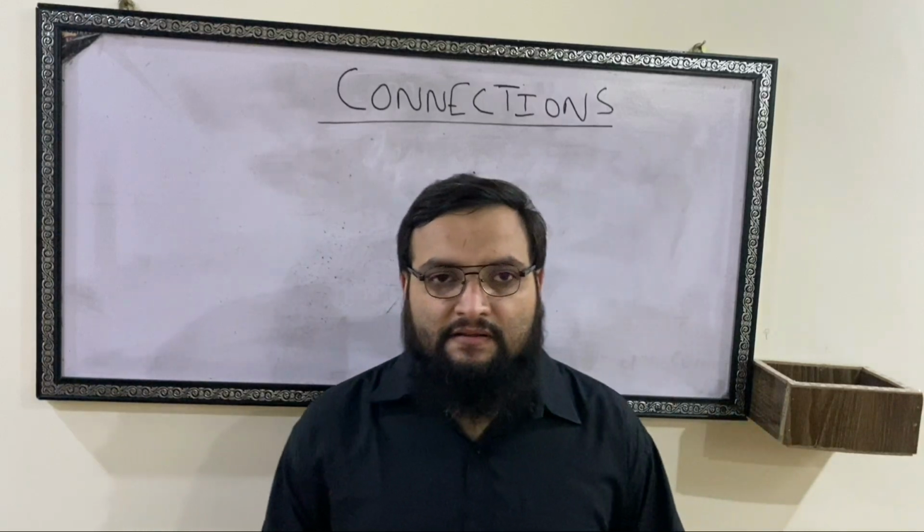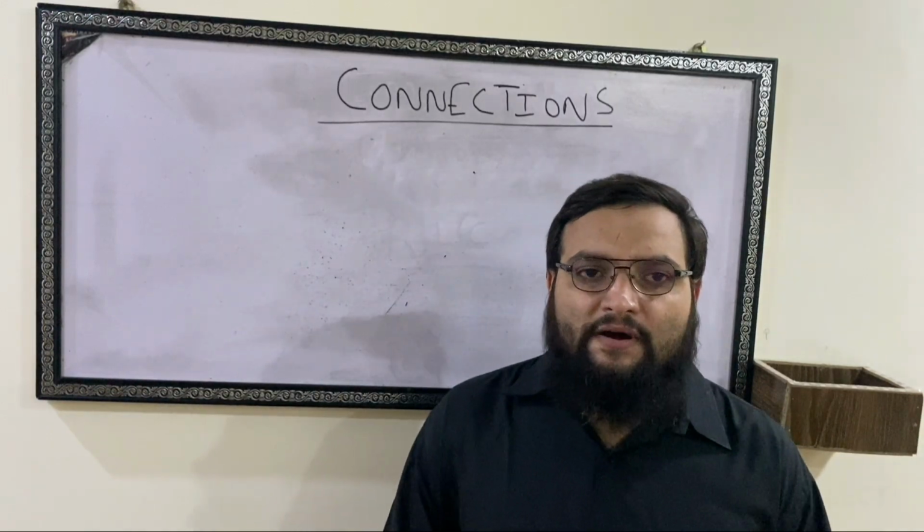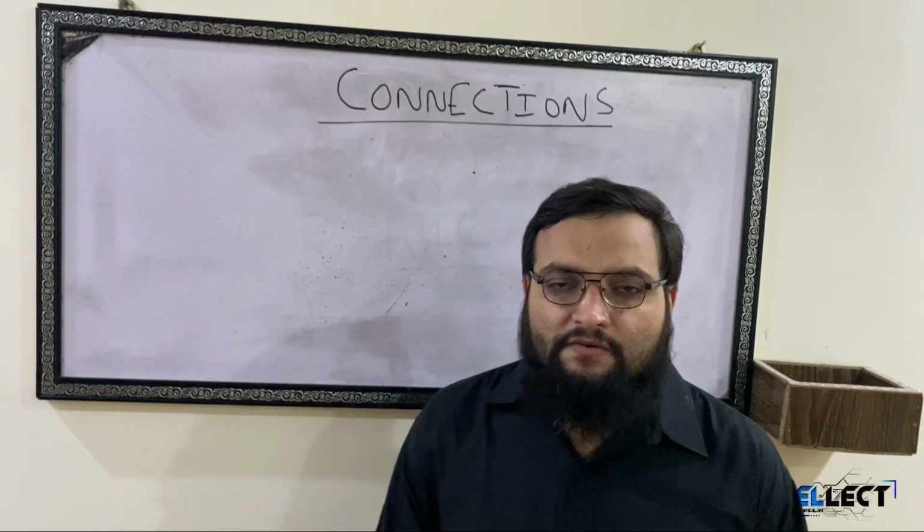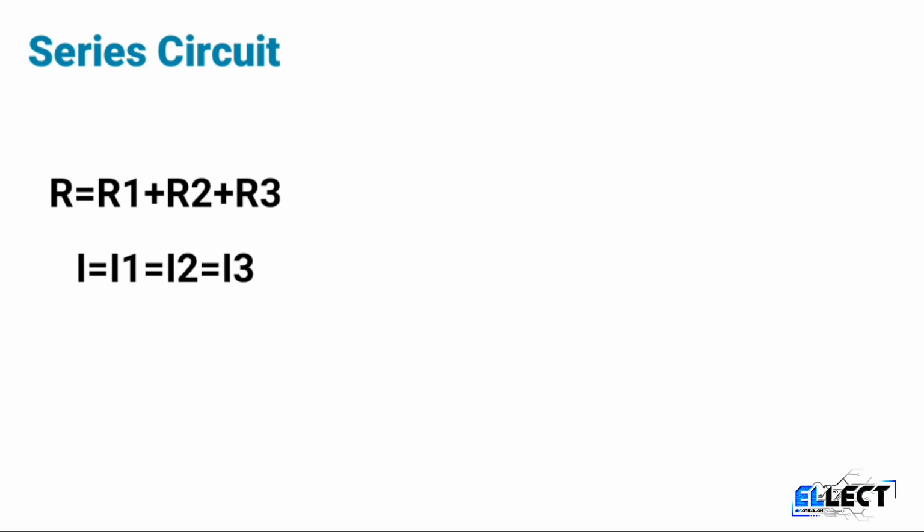Resistors can be connected in two types of circuits. One is the series circuit and the other one is the parallel circuit. Now in a series circuit, R is equal to R1 plus R2 plus R3, while in the series circuit the current remains the same, that is I is equal to I1 is equal to I2 is equal to I3.